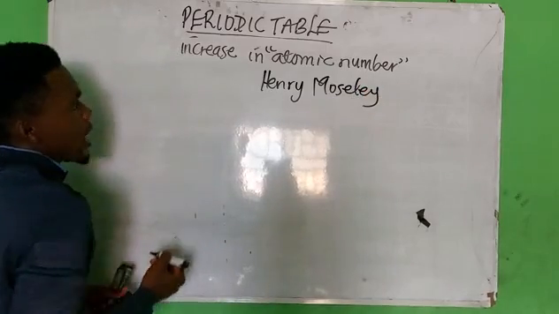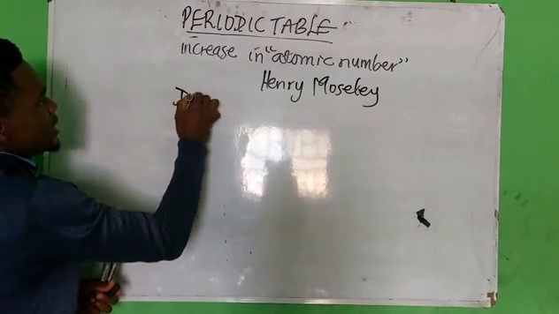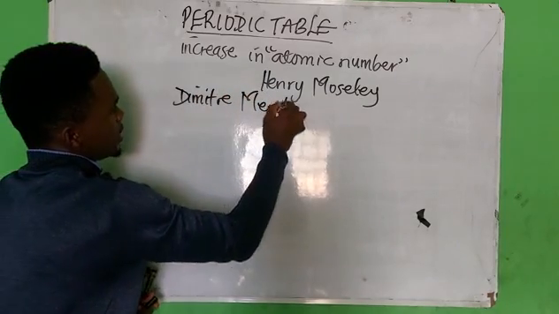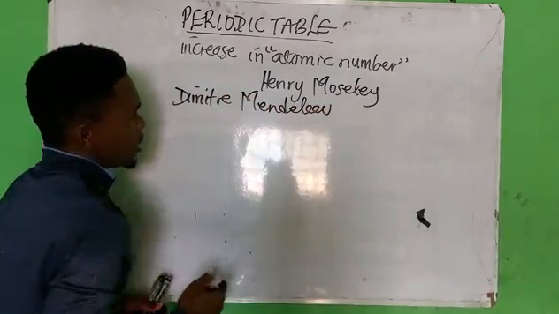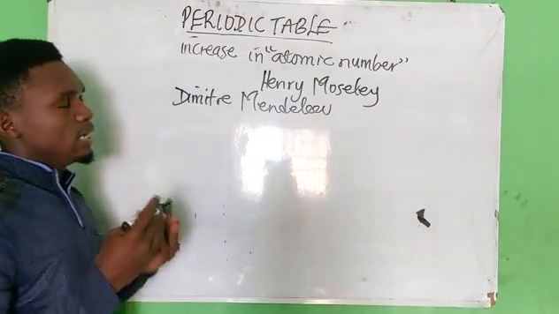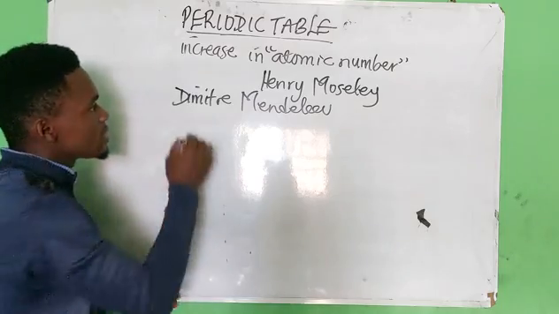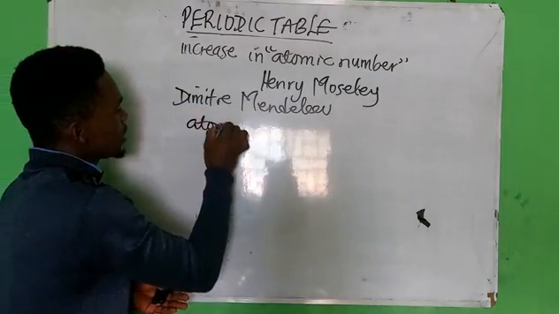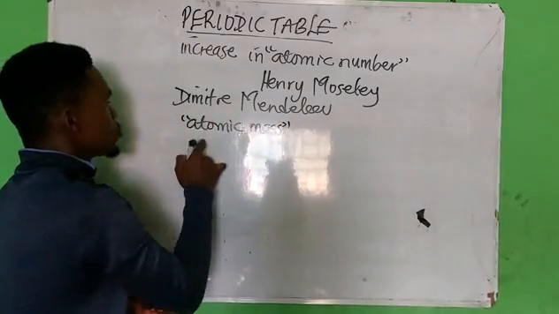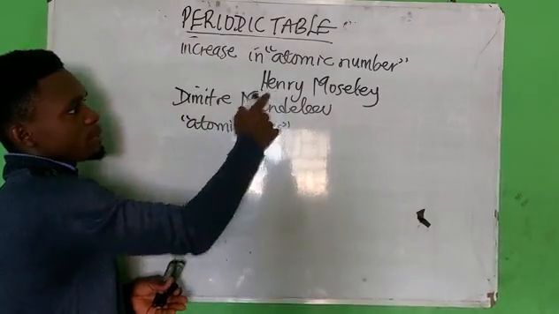However, Dmitri Mendeleev said that elements should be placed systematically in the periodic table based on increase in atomic mass. This rule was first stated before Henry Moseley's own.